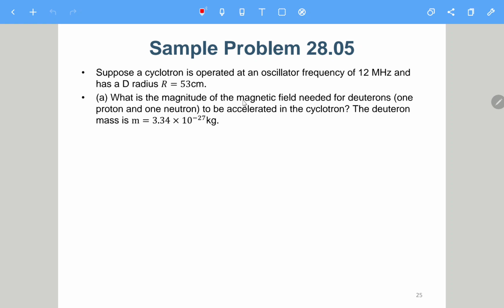What is the magnitude of the magnetic field needed for the deuteron? A deuteron has one proton and one neutron. To be accelerated in the synchrotron, the deuteron mass is this one.